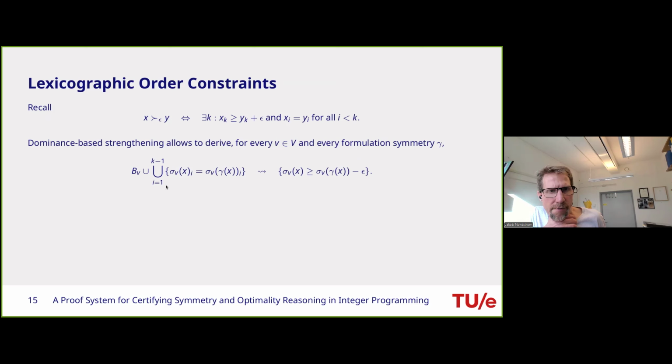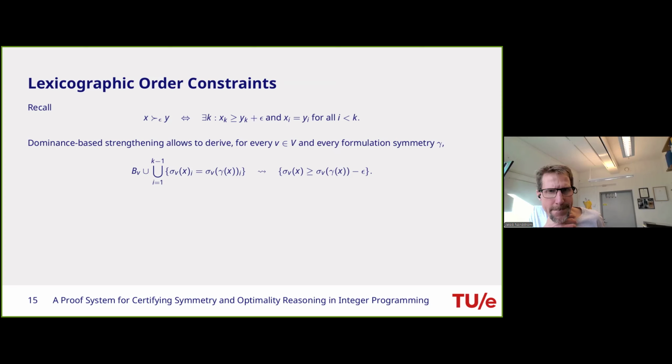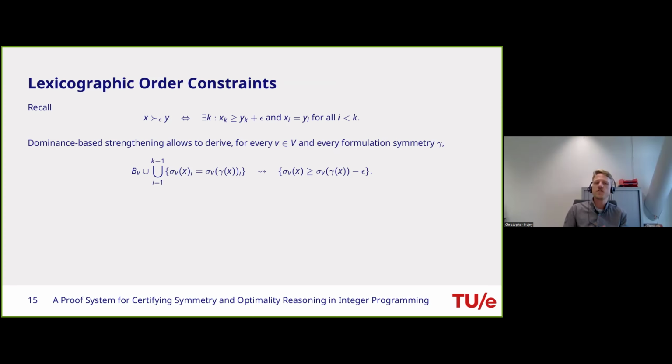But suppose I have a very large K. It's not that I derive this constraint for a single value of K. I derive it for all the possible values of K. And then I need to check which of these conditions on the left-hand side I adhere to, so which of these constraints is actually locally valid.